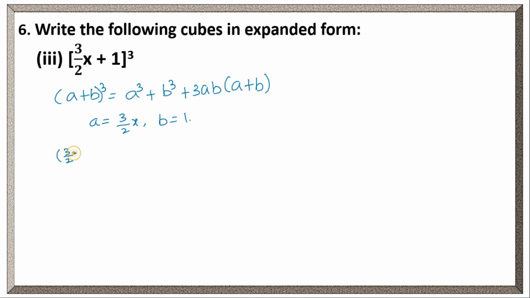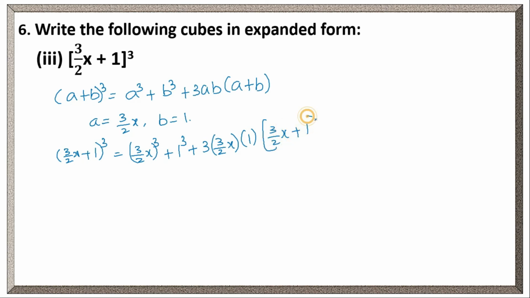(3/2 x + 1) whole cube equal to (3/2 x) whole cube. A cube means a value here 3 by 2 x, right? So, b cube means 1 cube plus 3 into a is 3 by 2 x into b is 1 into a again, 3 by 2 x plus 1.